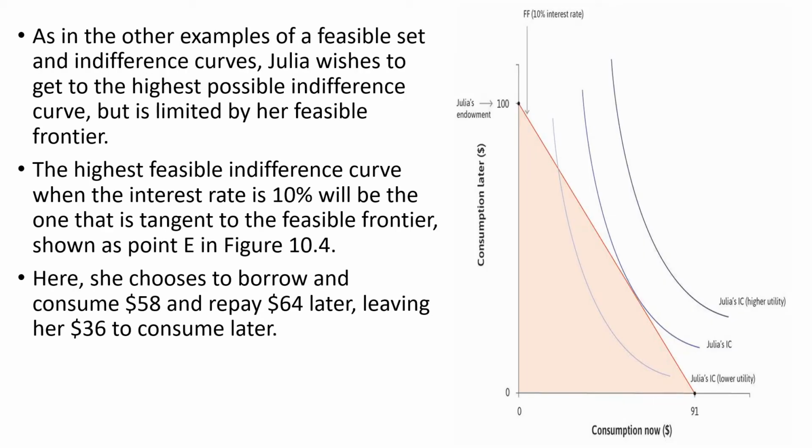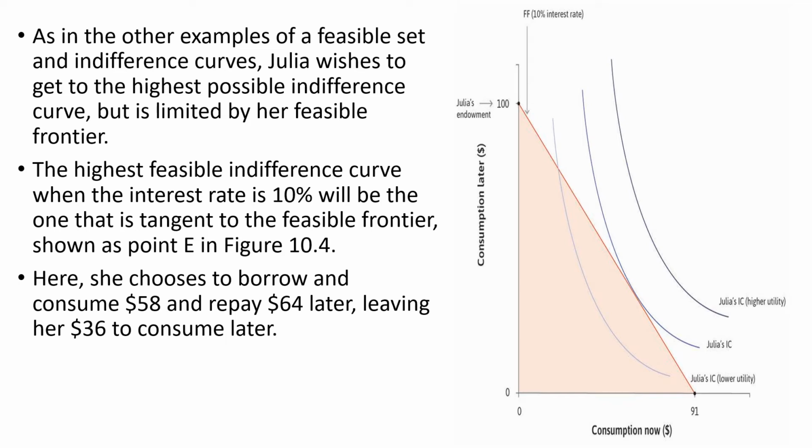As in the case of several other examples of feasible set and indifference curve, which we have already covered in the previous video, Julia wishes to get the highest possible indifference curve, but this is limited by her feasible frontier. Everyone wishes to attain the highest possible indifference curve because as we go up and up, we get more satisfaction, since that shows more consumption can happen.